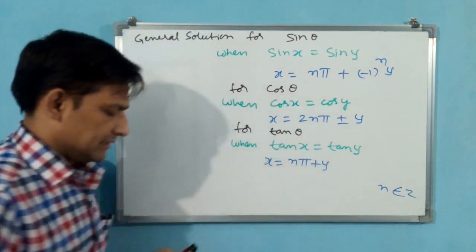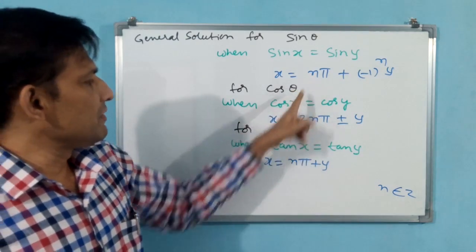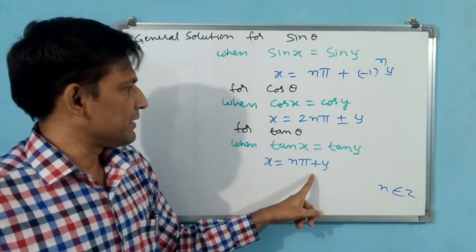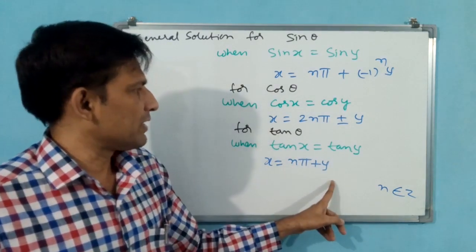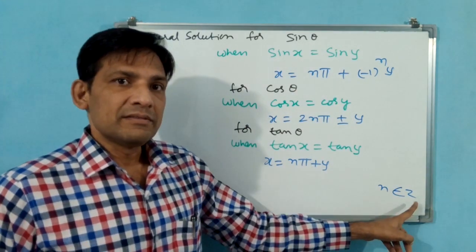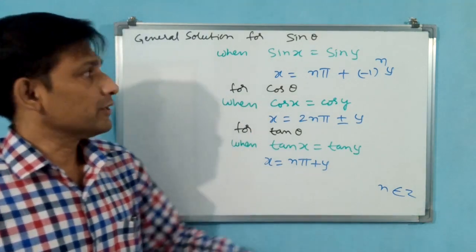That's all. Simple. This is very simpler. N pi only will come, plus y will come. Here like this minus 1 whole power n will not come, plus y. When tan x is equal to tan y, x is equal to n pi plus y. Okay? For all, n is an integer. N belongs to Z. Okay?